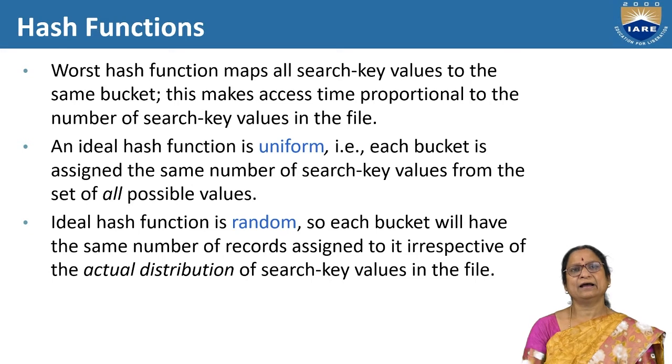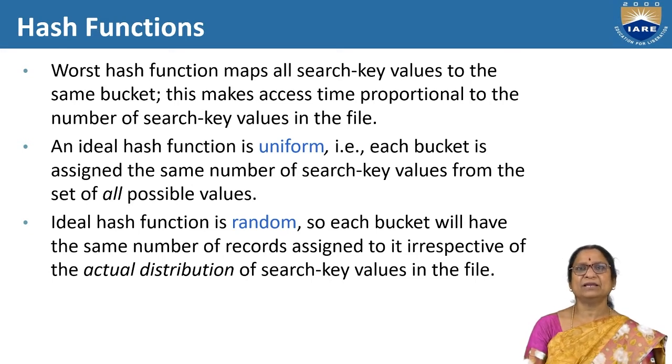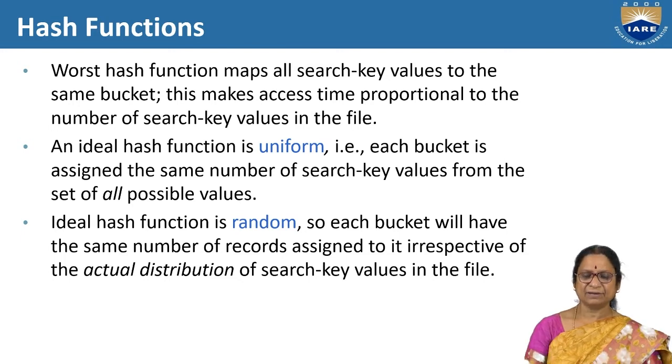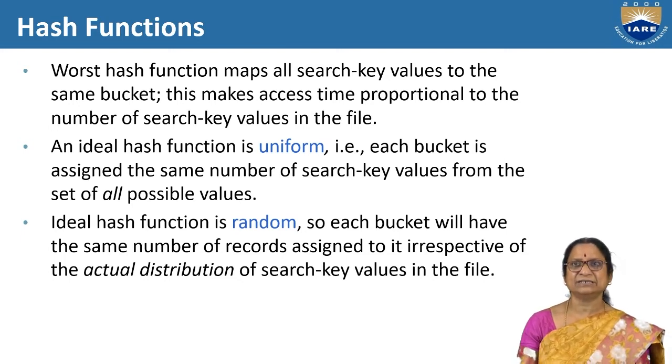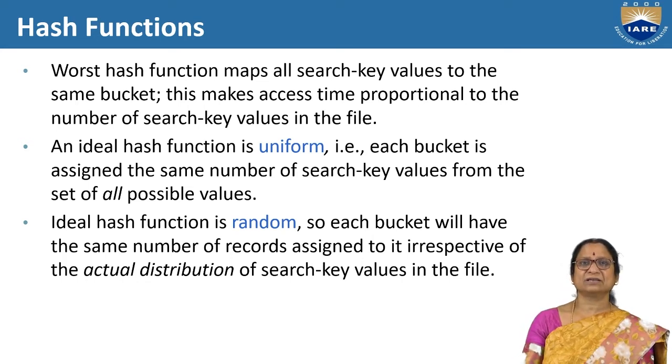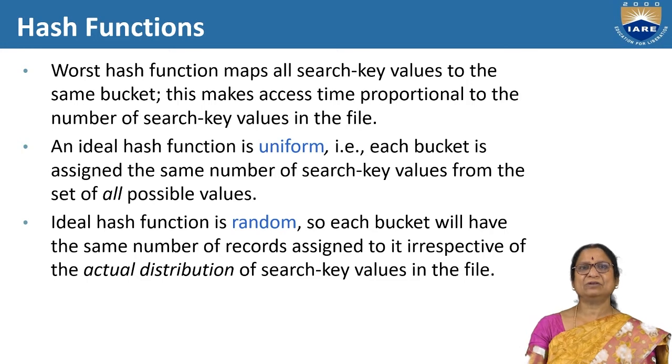Generally, an ideal hash function is considered a random function. That means each bucket will have the same number of records assigned to it, irrespective of the actual distribution of the search key values. If it is random, the bucket number is selected randomly. That's why, irrespective of the actual distribution of the search key values, the bucket number is allocated randomly.